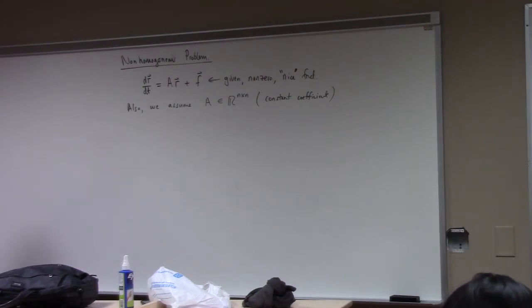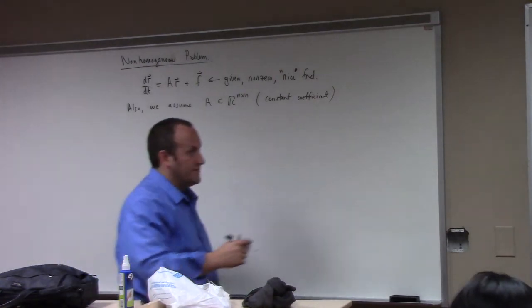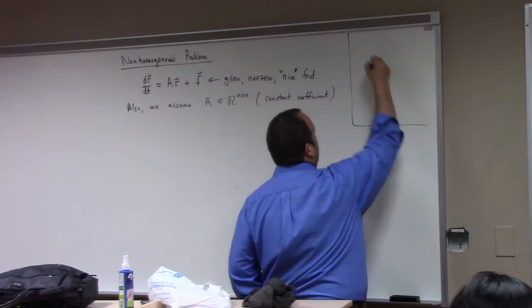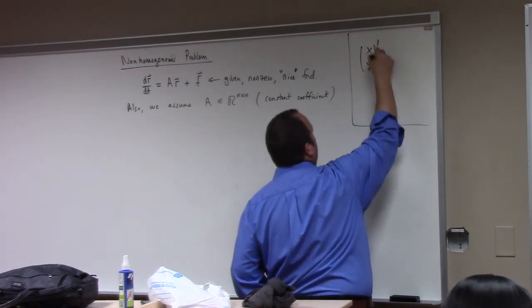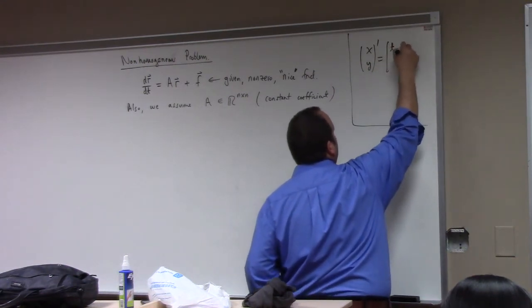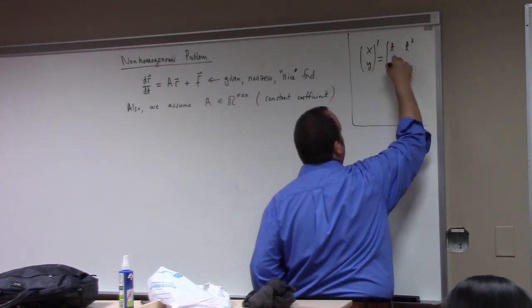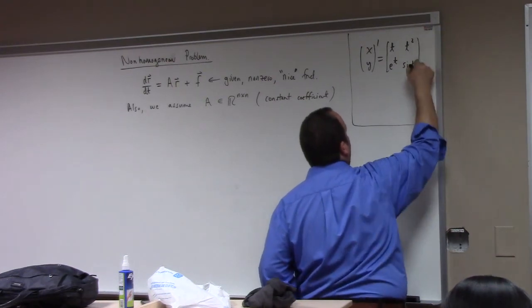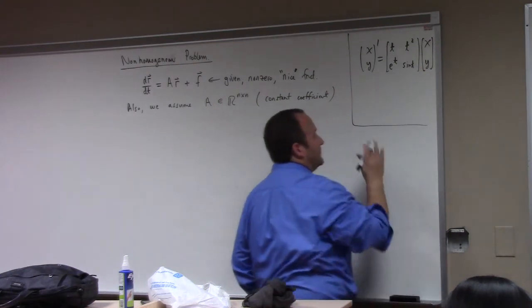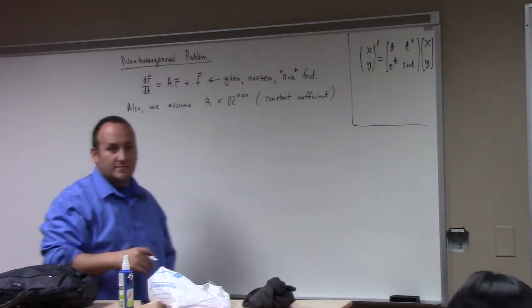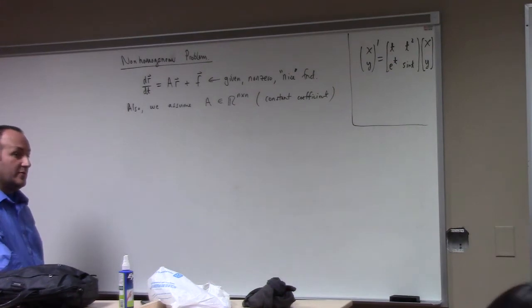Only in the case of constant coefficients can we actually calculate the fundamental solution matrix. All right. If I was to ask you to find the fundamental solution matrix for something like, I don't know, x, y prime equal to the matrix t, t squared, e to the t, sine t, times x, y. This problem's not even on our radar. All right, that's a variable coefficient problem.